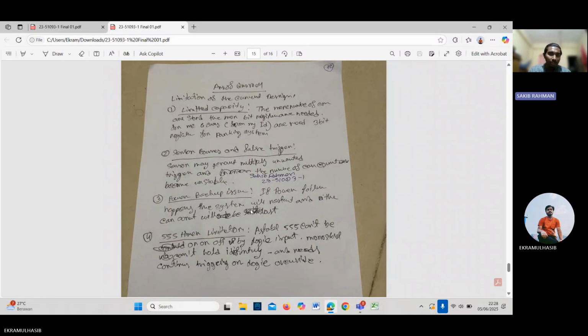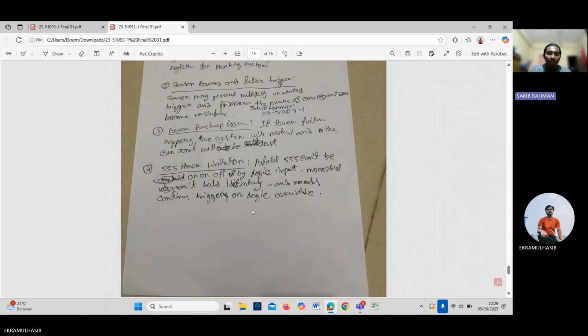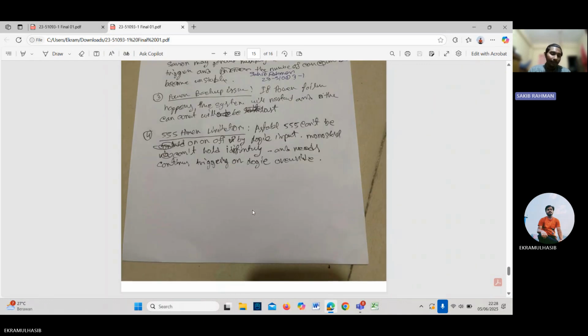That kind of situation can happen. And the 555 timer has limitations: astable 555 cannot be turned on or off by logical input, and the monostable cannot hold indefinitely and needs to be continuously triggered on logic override.